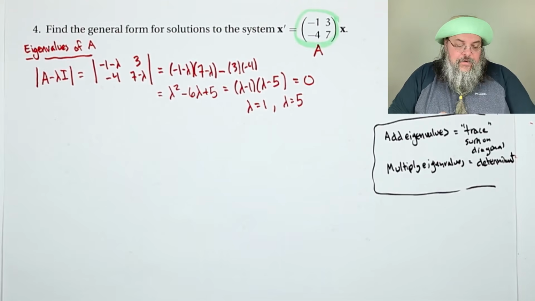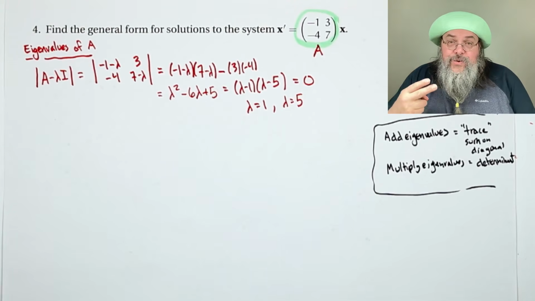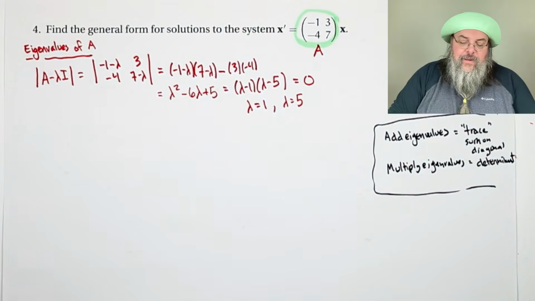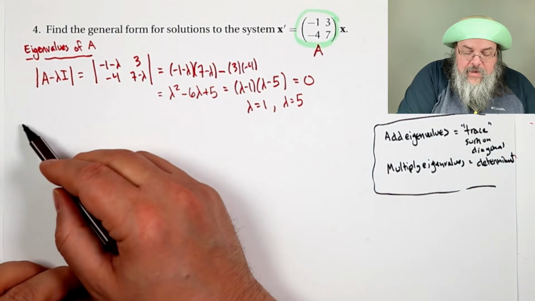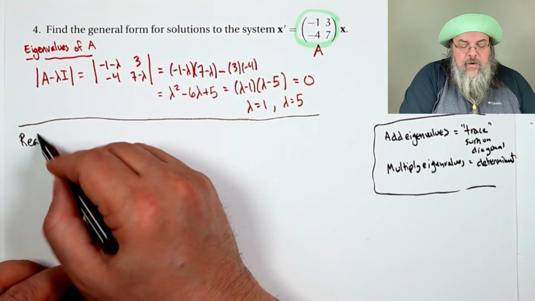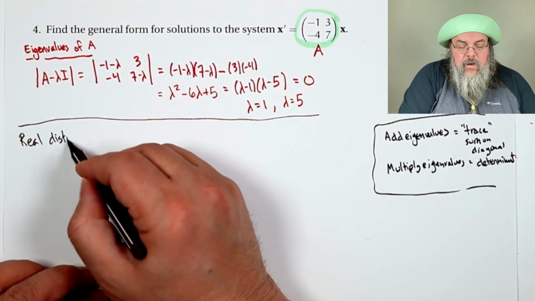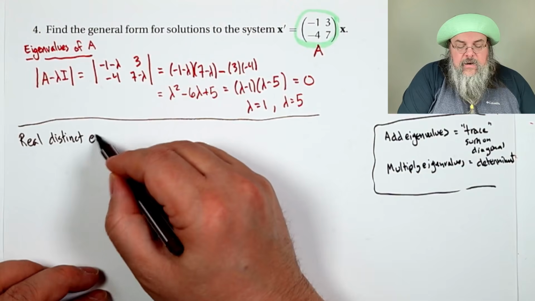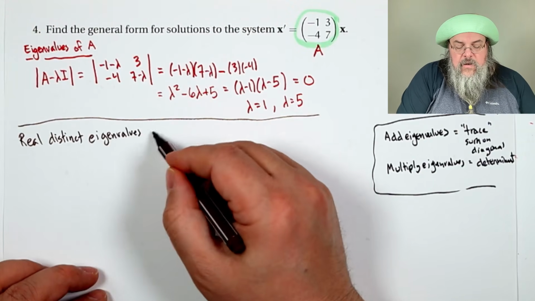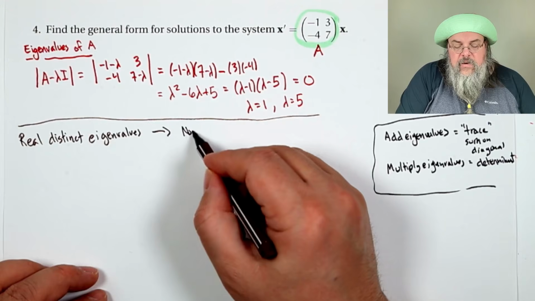So, okay, good news. We are in our case of 2 real distinct eigenvalues. So when we have real distinct eigenvalues, what's our next step? Well, we're going to find our eigenvectors. So that's our next thing we do.